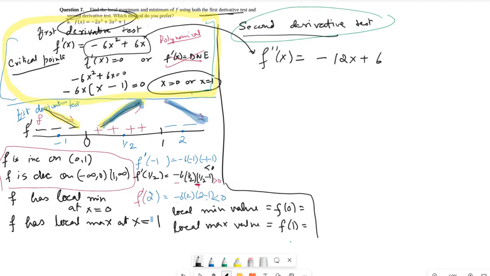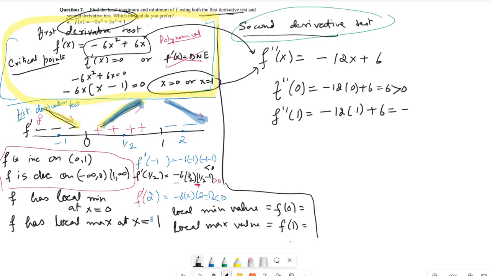Now what you do is put the critical points in the second derivative. Let's do that. The second derivative at 0 is negative 12 times 0 plus 6, which is 6, and it is positive. The second derivative at 1 is negative 12 times 1 plus 6, which is negative 6, which is negative. Now, what is the criterion? The second derivative test says if the second derivative is positive, we have a local minimum.